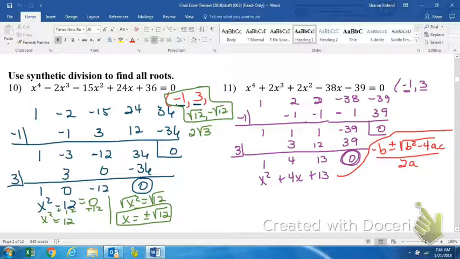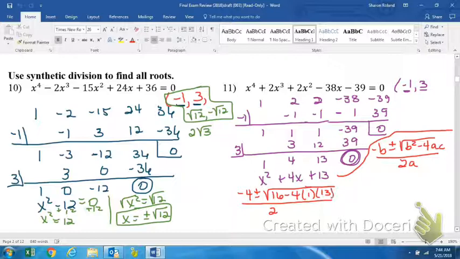So that's going to be negative 4 plus or minus 4 squared is 16 minus 4 times 1 times c is 13 all over 2a, which is 2.